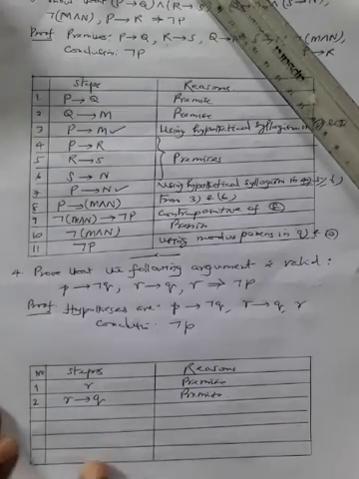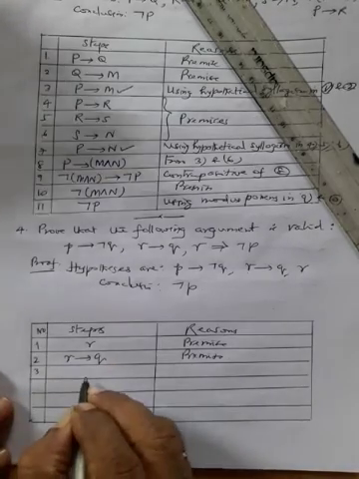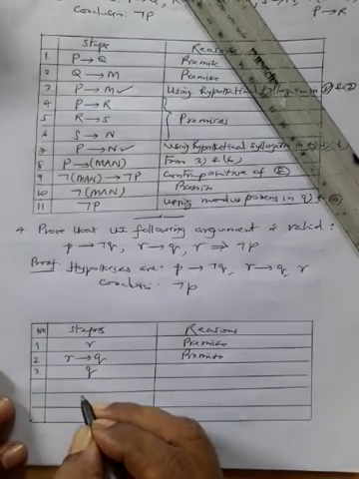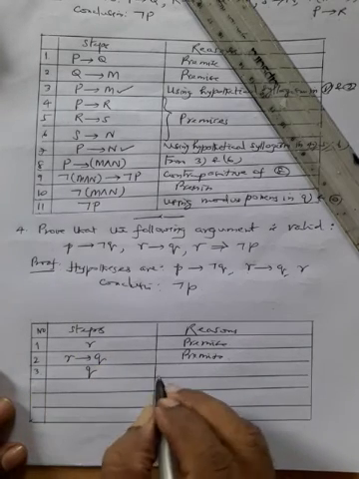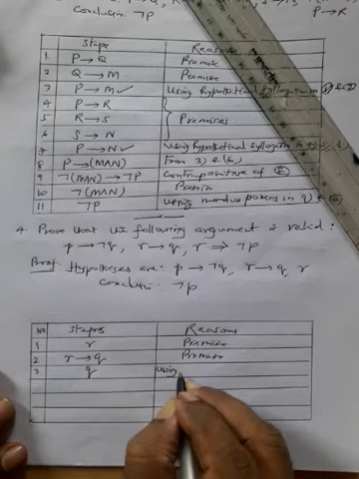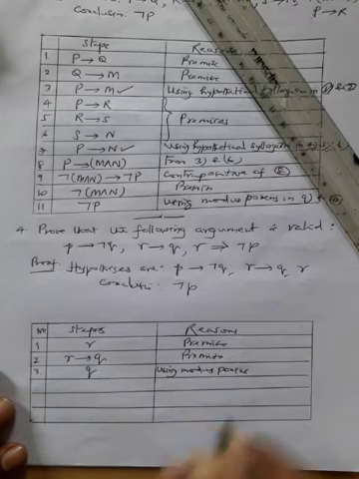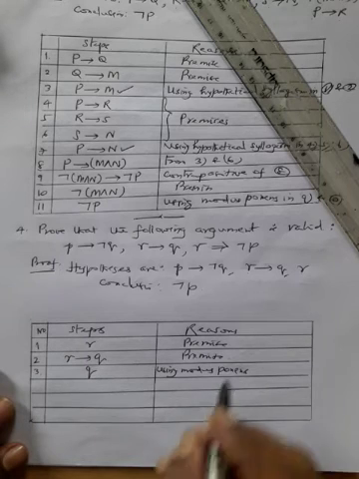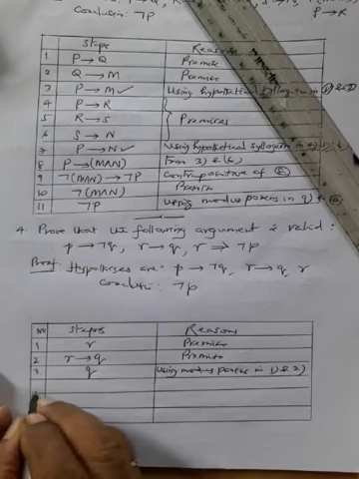You have R and also you have R conditional Q. Therefore the conclusion is Q, using modus ponens in 1 and 2.